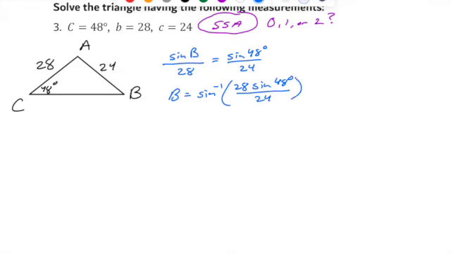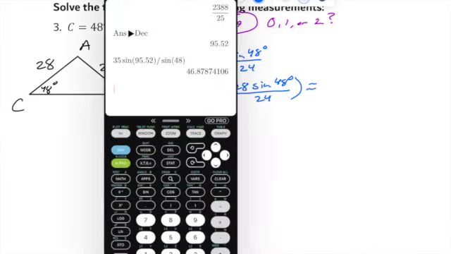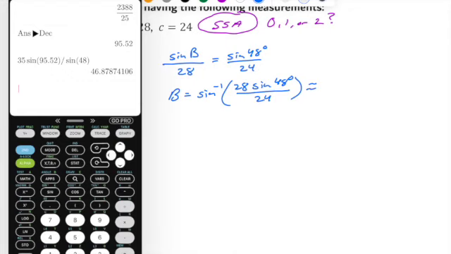We're taking the inverse sine of it. And so here we go, inverse sine of 28 sine of 48 divided by 24. And we get about 60.11 degrees.